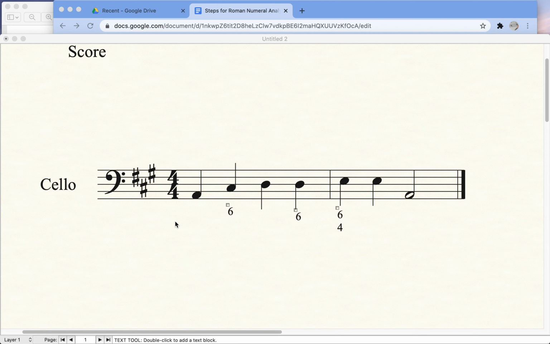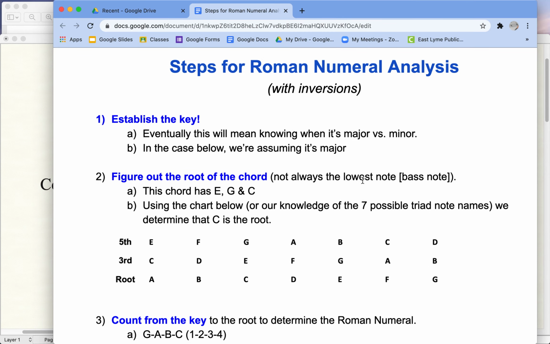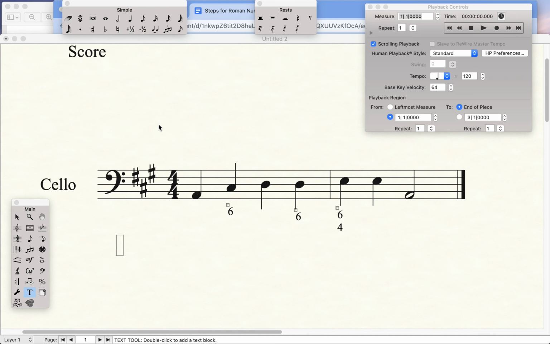So, just like doing analysis for a fleshed out chord progression, the very first and most important step is to establish the key. Never take that for granted, especially when we get into minor keys, because you don't want to just assume that you know what key it's in.